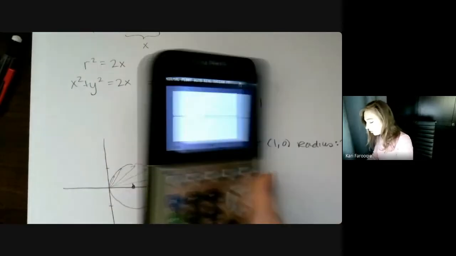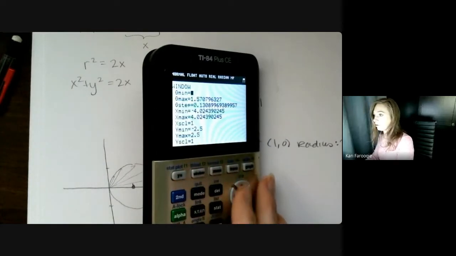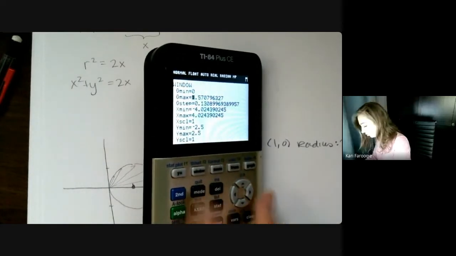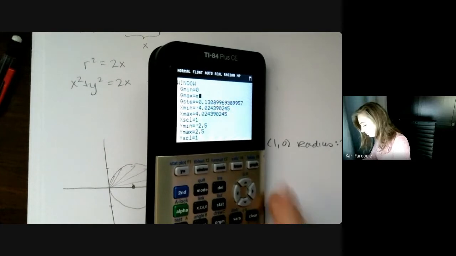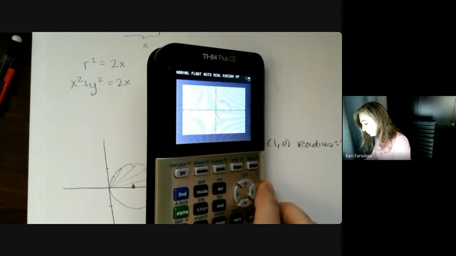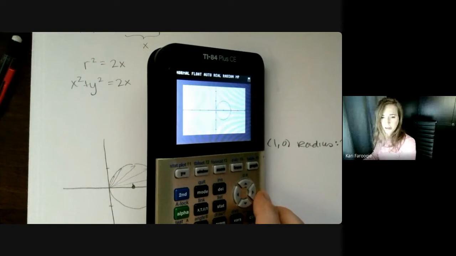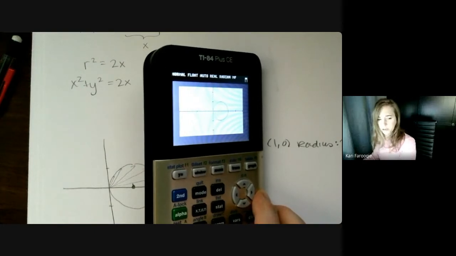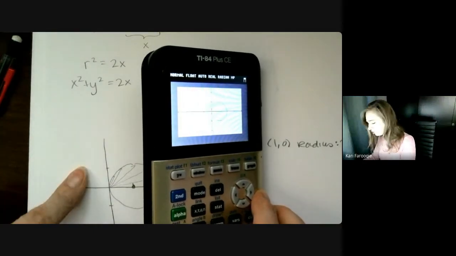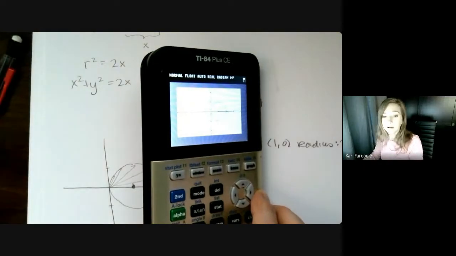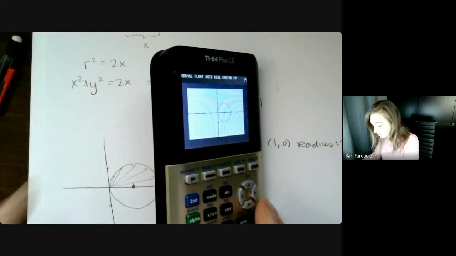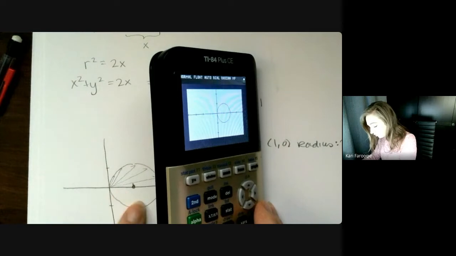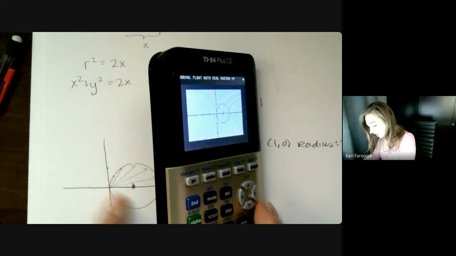So watch what happens if you switch your window, instead of stopping at pi over 2, to go to pi. There it is. So you might be thinking, well, wait, how did that happen? Because there wasn't anything graphed over here. Doesn't matter, because all of those values just showed up as negative r's that moved the opposite direction.